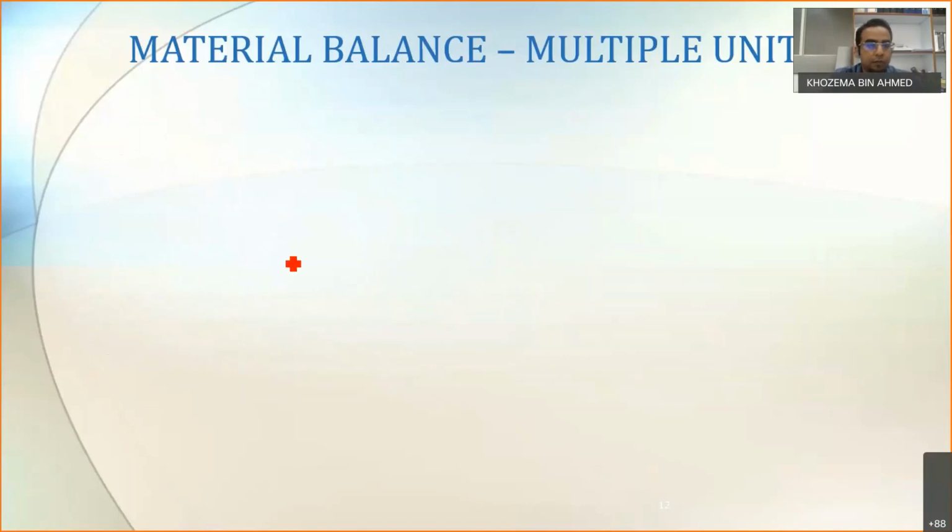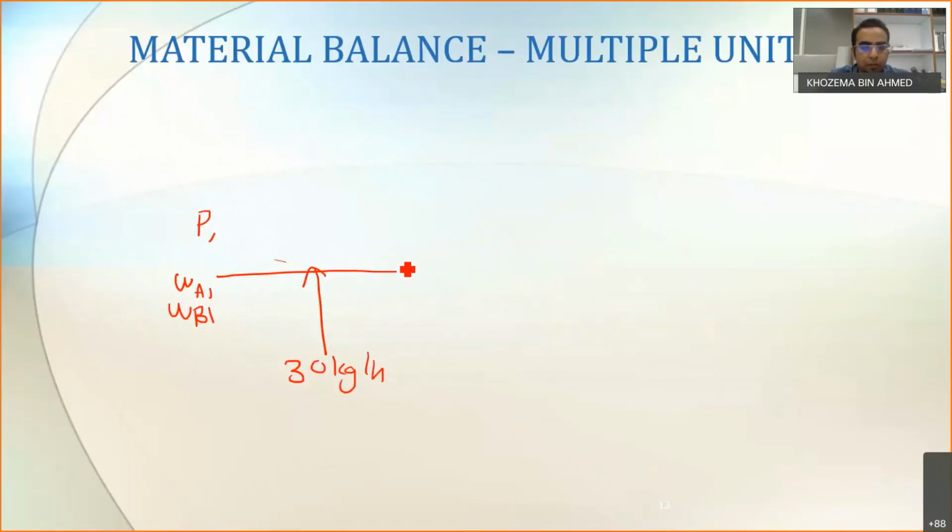So again, let's write for our mixing point. Let's say this is your mixing point. This one is your P1, WA1 and WB1, and you are adding 30 kg per hour. So you will get your P2, WA2 and WB2.